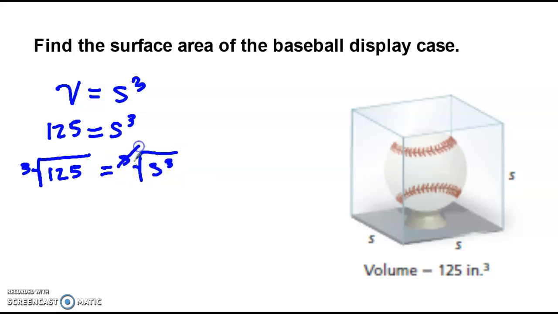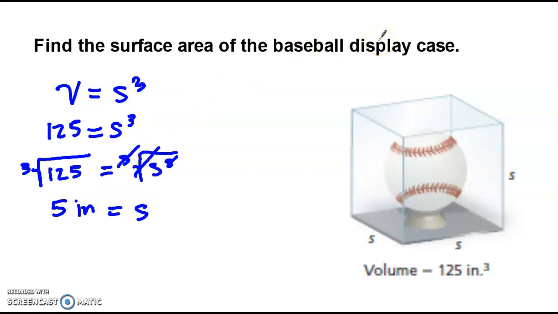So we know that the cube and the cube root cancel out. We get s equals. Now what's the cube root of 125? Good, it's 5. And here we're talking about inches, right? So each side is 5 inches.